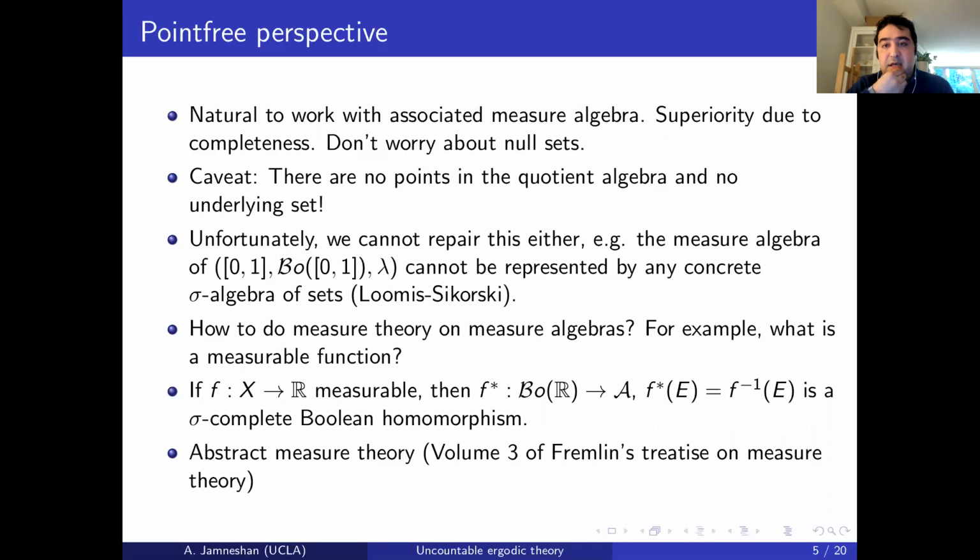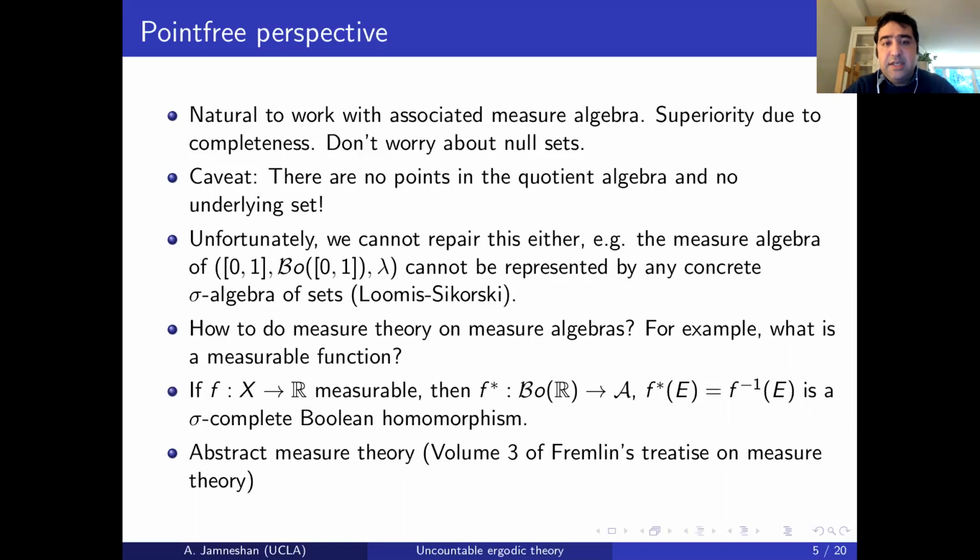And it is also superior to the original probability space as it is complete. So we can also perform uncountable operations. And another advantage of the measure algebra is that we don't have to worry about null sets anymore because we have thrown them out right from the start.